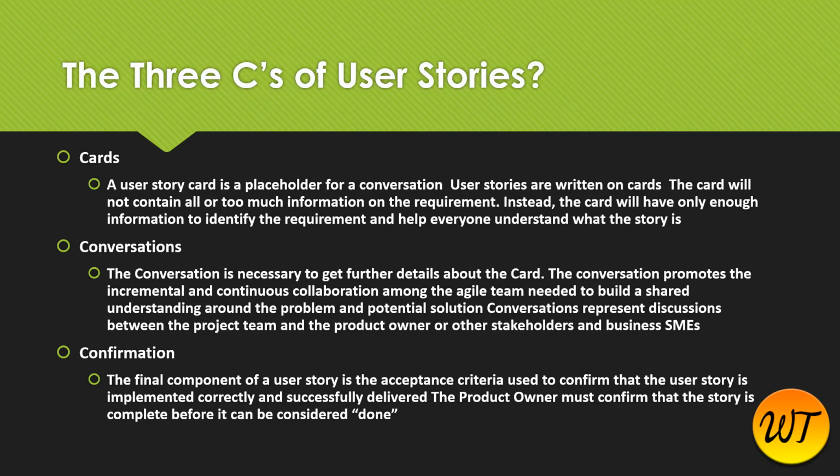The card will not contain all the data, but there will be data which the user can understand, what the story is about. So the format of the card will be like: as a user of the product, I can do an action so that I can get a benefit. So this will be the typical format for the card.